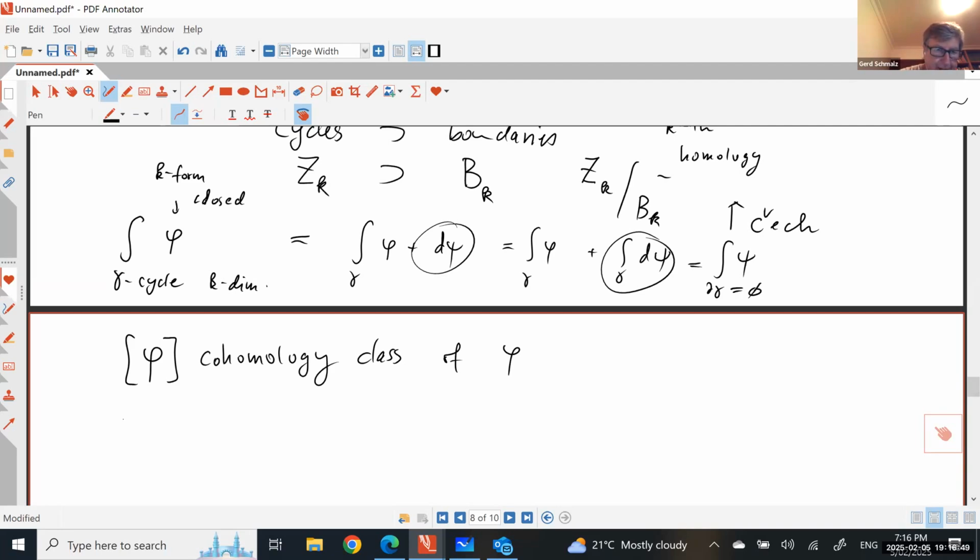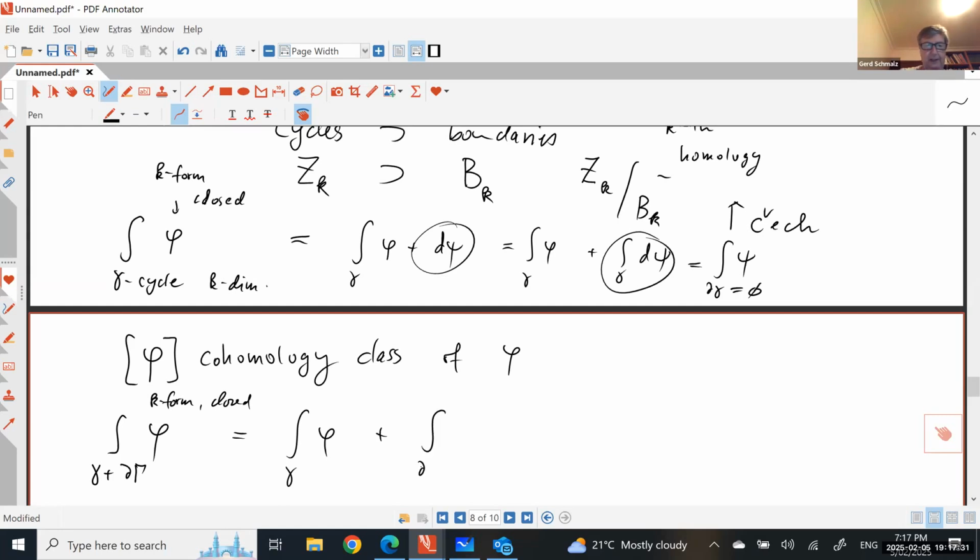But also, if I have a cycle plus something which is a boundary, maybe capital gamma, so if I add just the boundary, and also apply this integral on a k-form, so it's again a k-form and again closed, then this is the integral over gamma as before, plus the integral over the boundary.